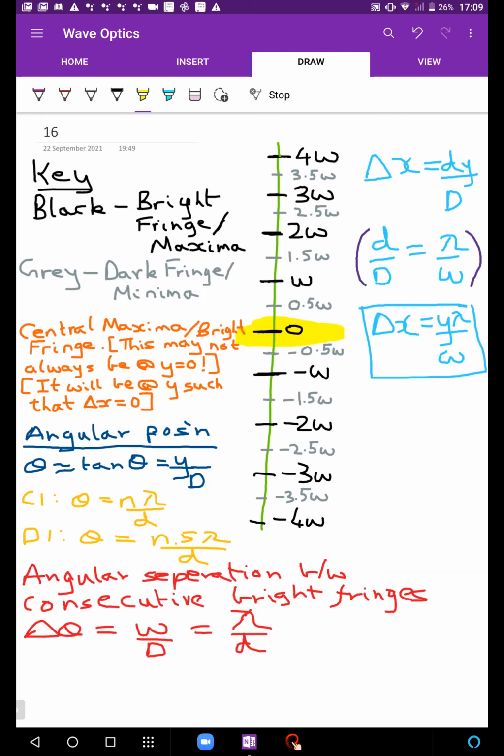So equate delta x to 0, and that gives you the central maxima. Central maxima doesn't necessarily have to be close to y equal to 0. It could be somewhere else, and there could be many more maximas between that and y equal to 0. Central maxima is defined as the point where delta x is 0.